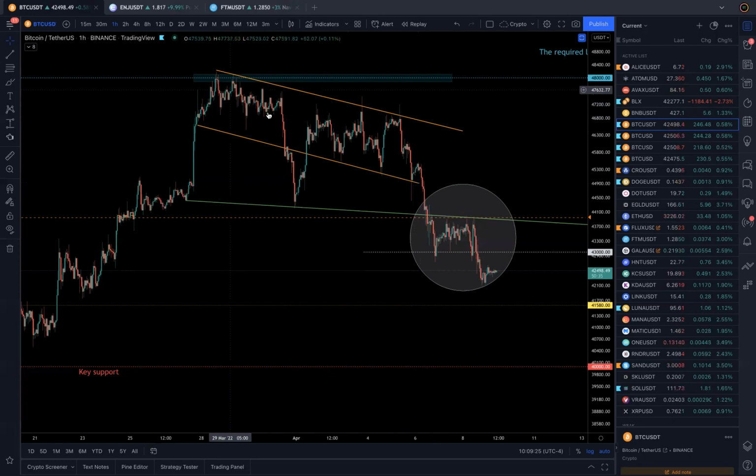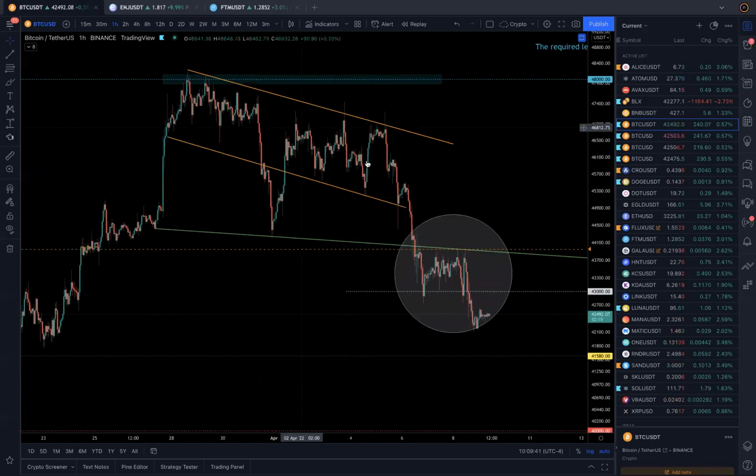So this pattern was completed successfully. Once we figure out this kind of pattern, it gives us visibility, some key levels which we could track later on. So this worked out pretty well for the whole entire week as far as BTC is concerned.